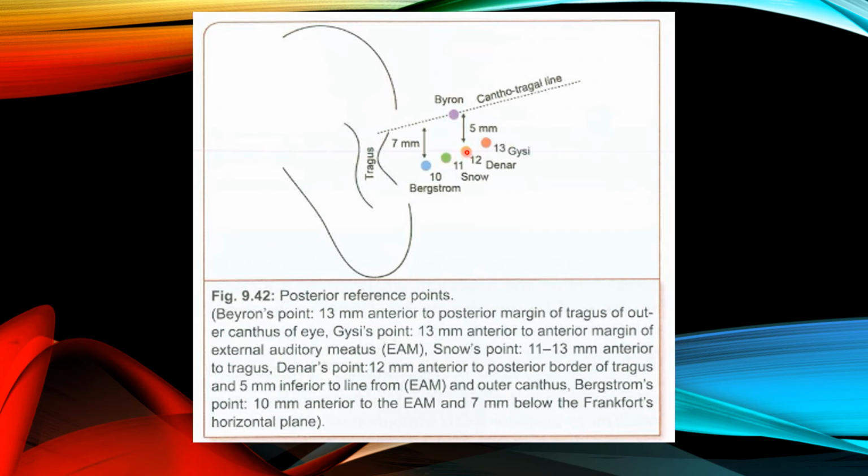Then Dinar's point, 12 mm anterior to the posterior border of tragus and 5 mm inferior to the line from external auditory meatus and outer canthus. Then Bergstrom point, 10 mm anterior to the external auditory meatus and 7 mm below the FH plane. Okay. That is about the various posterior reference points in summarized version.